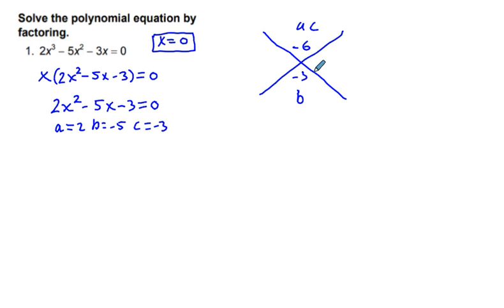What two numbers add up together to equal -5, but multiply together to equal -6? Well, they are going to be -6 and 1. And next we divide by A, and A being 2.